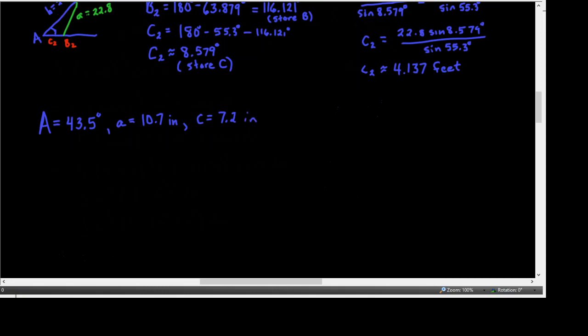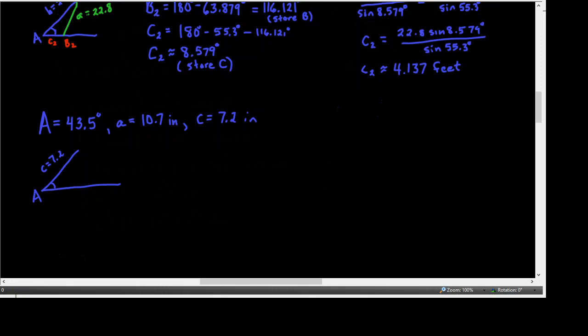Okay, 43.5 is an acute angle. Looks about like that. It does not have to be drawn to scale, just got to look acute. Side C is 7.2 inches, and side A is 10.7.